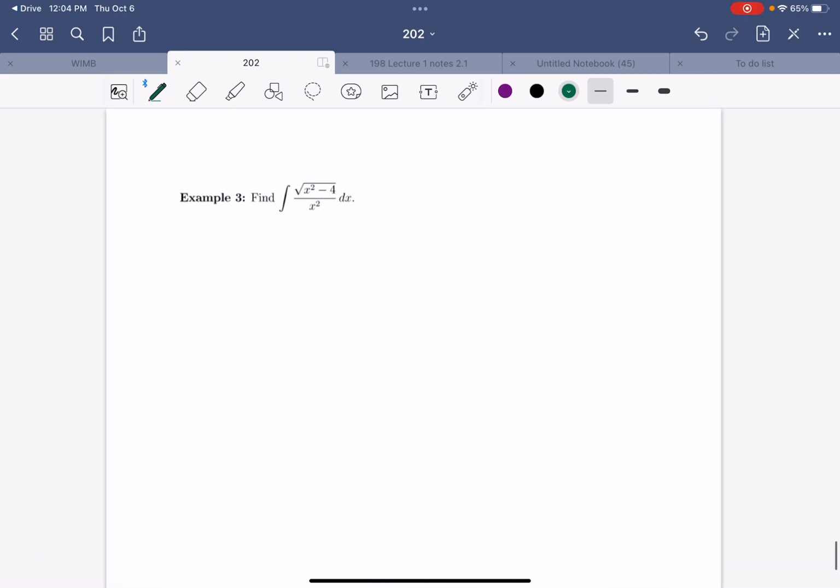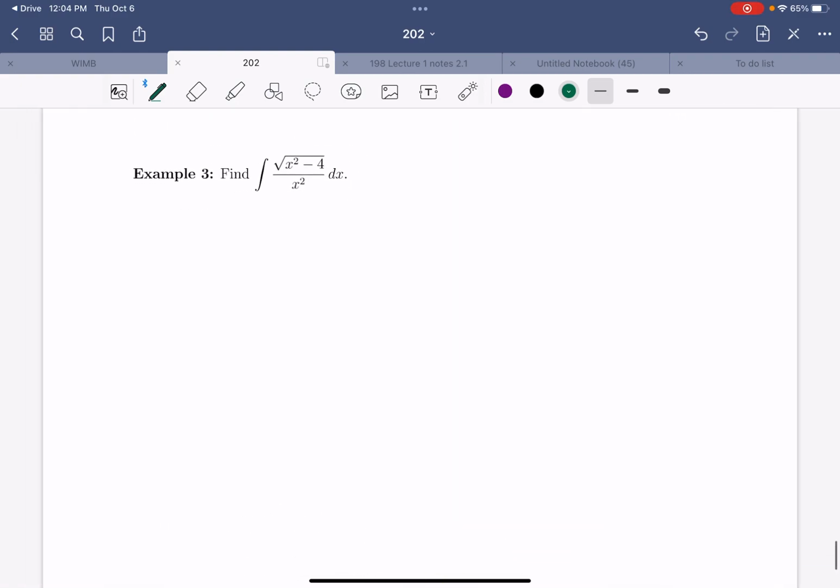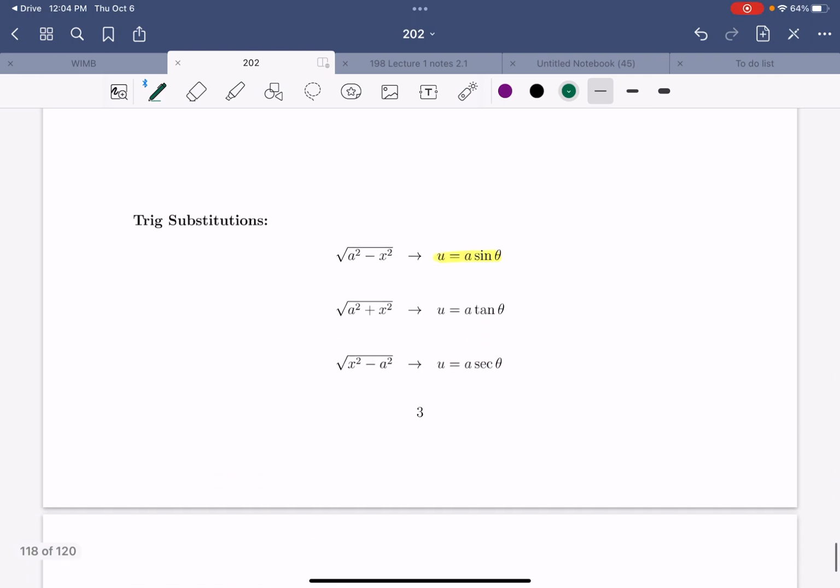And lastly, we have what happens if you have x squared minus 4. Remember, the first one was 4 minus x squared. This one's x squared minus 4. And if we look down here, we're going to make the substitution where, and really these should be x equals, right? It should be x equals a secant theta.